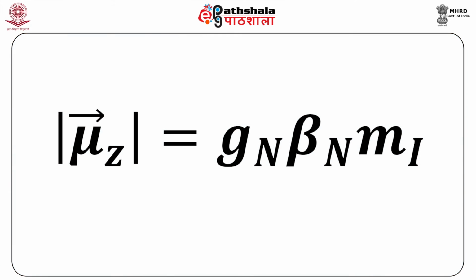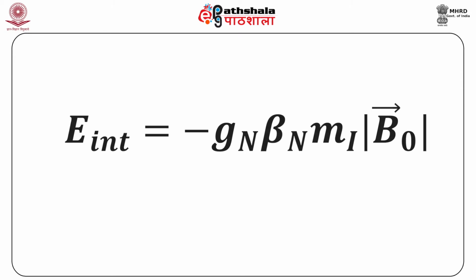The component of the magnetic moment in the z or the field direction, mu_z, is given by g_n beta_n mI. Here, instead of I, we are using mI. The interaction energy is thus given by E_int equal to minus g_n beta_n mI into B0.